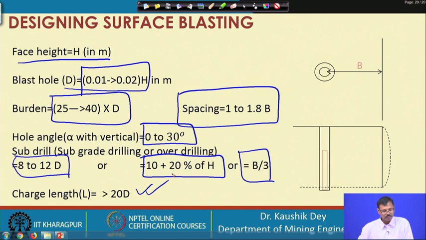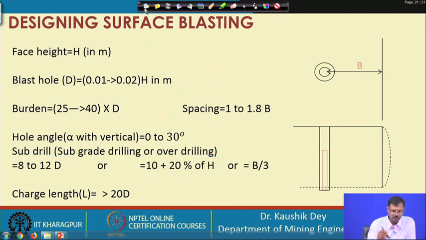You know, if the charge length is less than 6D, then it becomes a spherical charge. So, to avoid the spherical charge and to achieve a column charge, it must be more than 20 times the diameter.